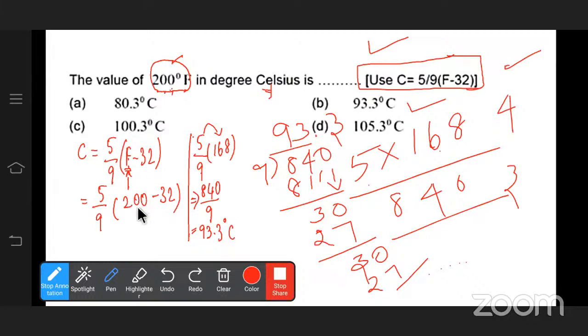So 200 minus 32: when I take the difference, I'm getting 168. Then I multiply 5 into 168 and get 840, divided by 9. When I divide 840 by 9, I got 93.3 degrees Celsius.